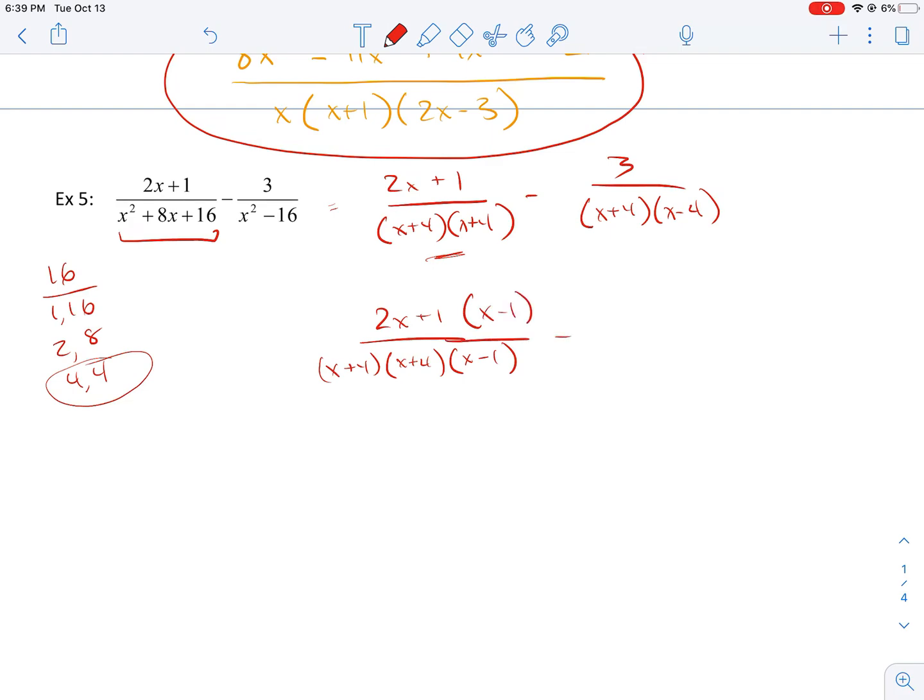Then over here, our common denominator again is x plus 4, x plus 4, x minus 4. What we were missing over here was another x plus 4, so I have to multiply the top and the bottom by an x plus 4.